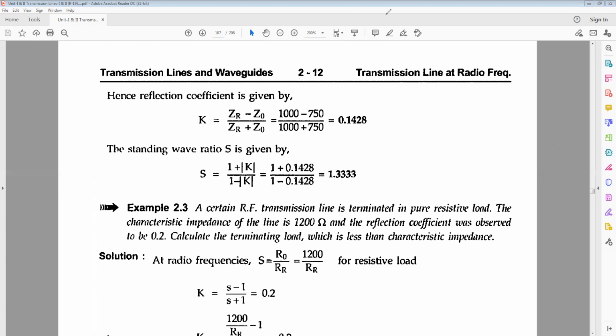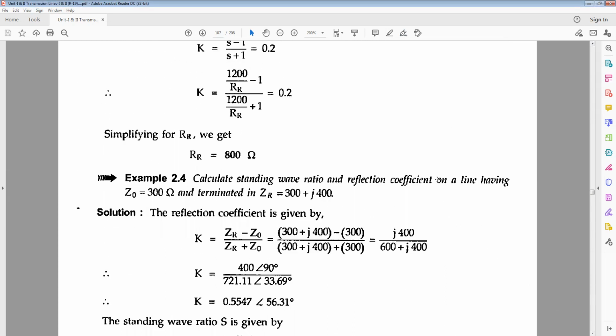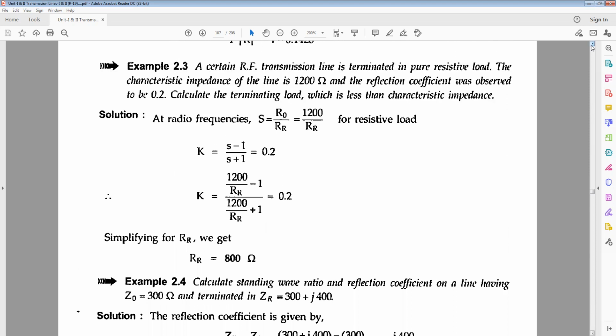The next example, a certain radio frequency transmission line is terminated in a pure resistive load. The characteristic impedance of the line is given as 1200 ohms. Characteristic impedance means Z naught. Z naught is given as 1200 ohms.